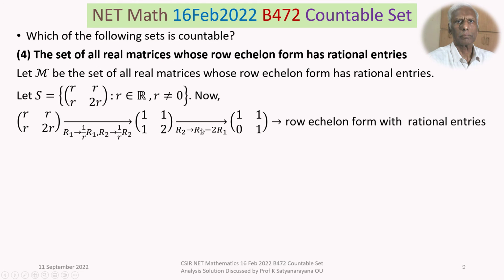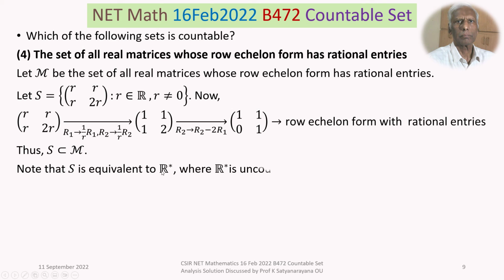It's not minus 2R1, it is R1. R2 becomes R2 minus R1. And it will be 1, 1, 0, 1. It is a row reduced echelon form with rational entries. So thus S is contained in M.